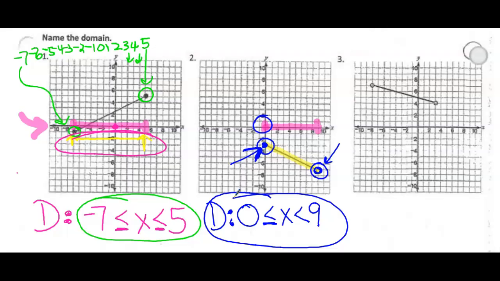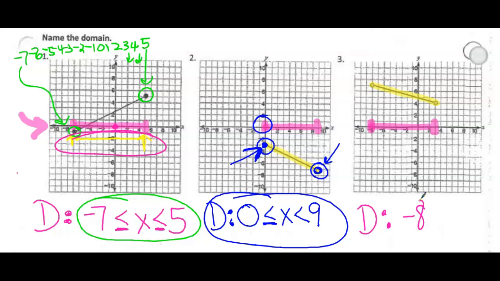So why don't you try number 3 on your own. I'm going to give you about 30 seconds to look at it, and then I'm going to go over it. How far left to how far right? Okay, so the farthest left that this goes is -8.